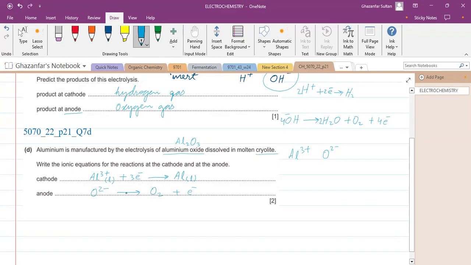If two oxygen atoms are required, there must be two oxide ions. So for balancing this equation, we should put two here, and as one oxide loses two electrons, two oxides lose four electrons. So you must write a balanced chemical equation, and your electrons should also be balanced in this case.